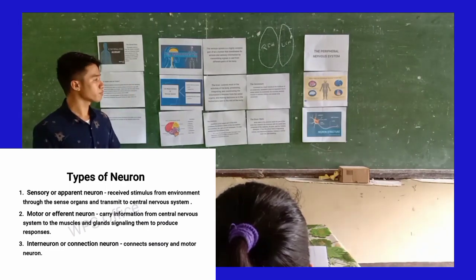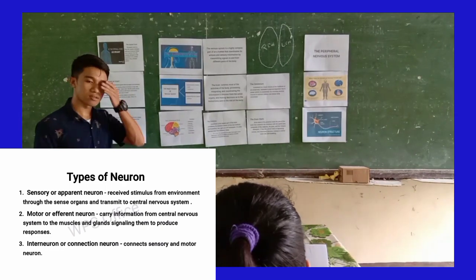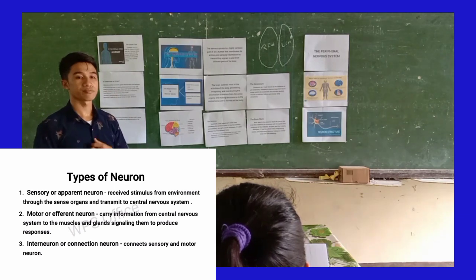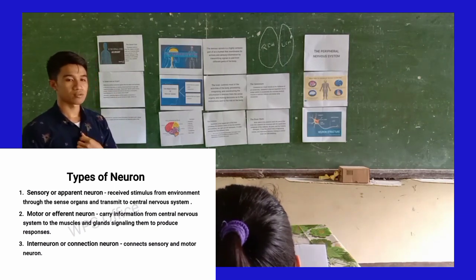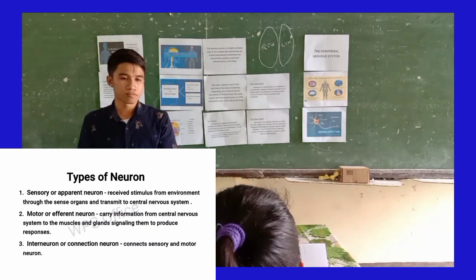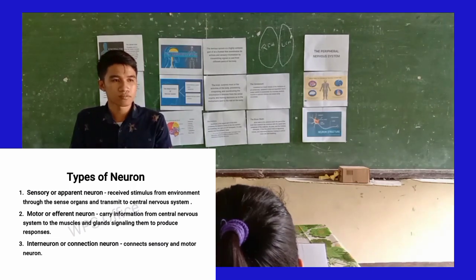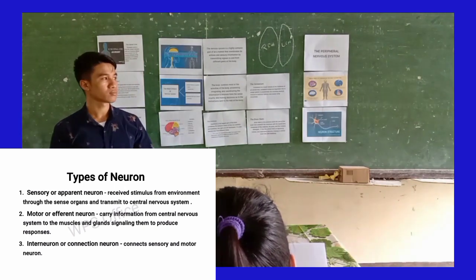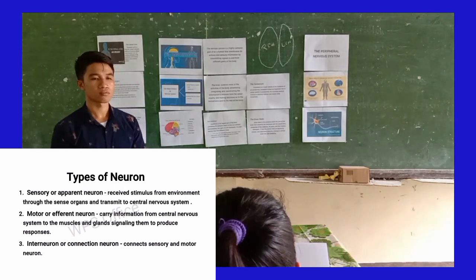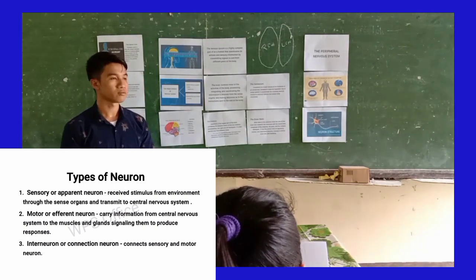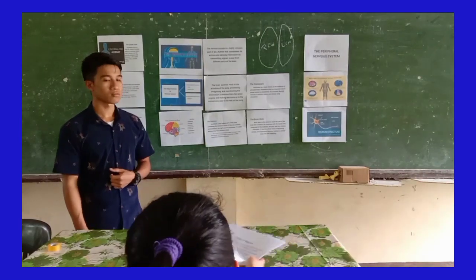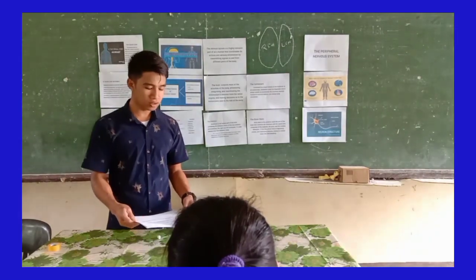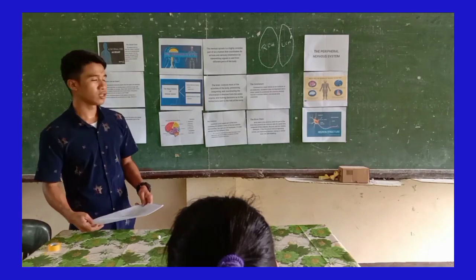Sensory or afferent neurons receive stimulus from the environment through the sense organs and transmit it to the central nervous system. Second, motor or efferent neurons carry information from the central nervous system to the muscles and glands, signaling them to produce responses. Interneurons or connecting neurons connect sensory and motor neurons. Those are the 3 types of neurons.